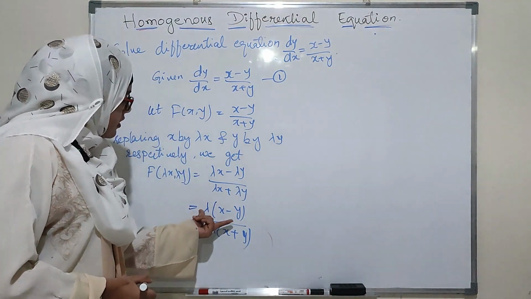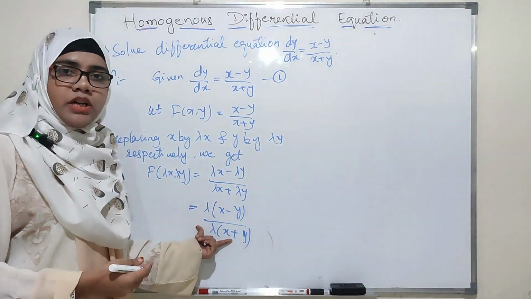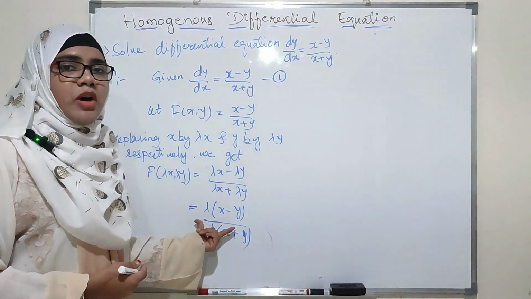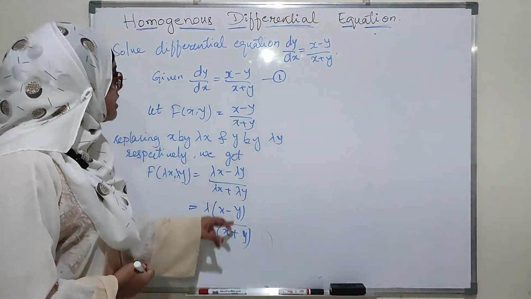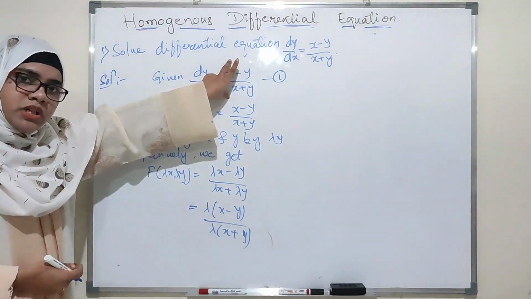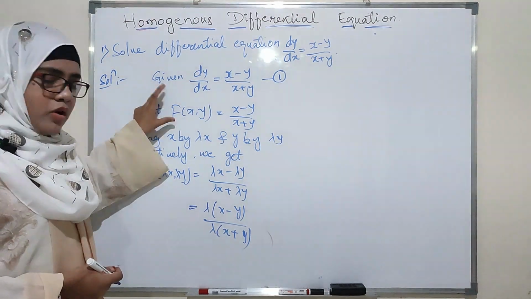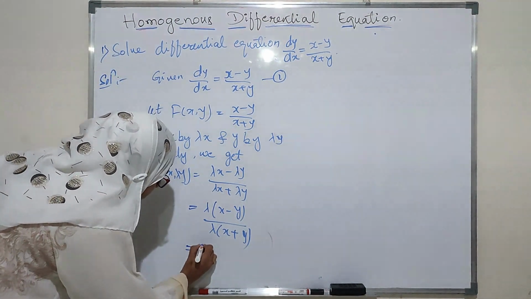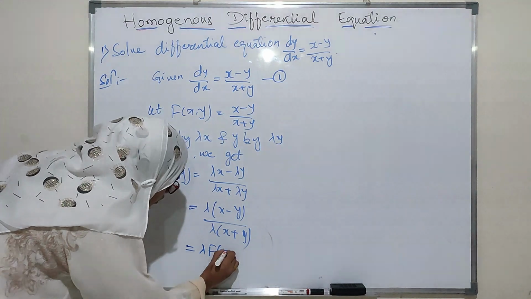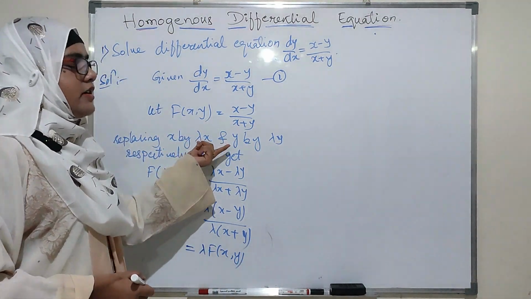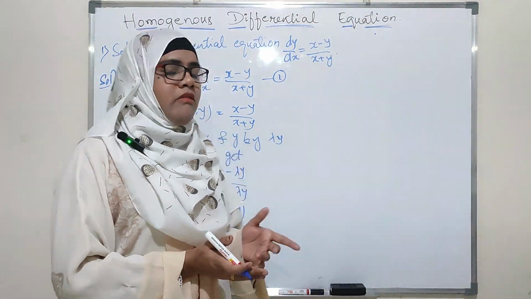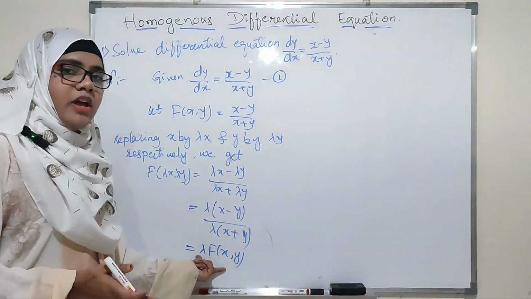After taking lambda common from both numerator and denominator, we get x minus y divided by x plus y, which is the same as f of x comma y. So we can write lambda to the power zero times f of x comma y. If we take x by lambda x and y by lambda y, we get the same as f of x comma y.